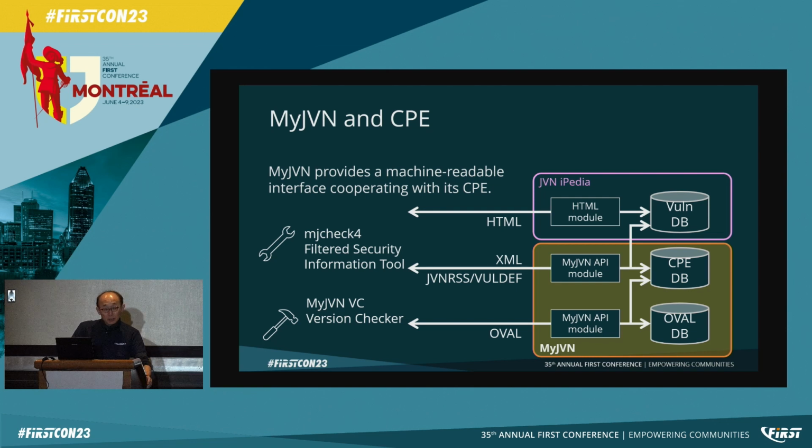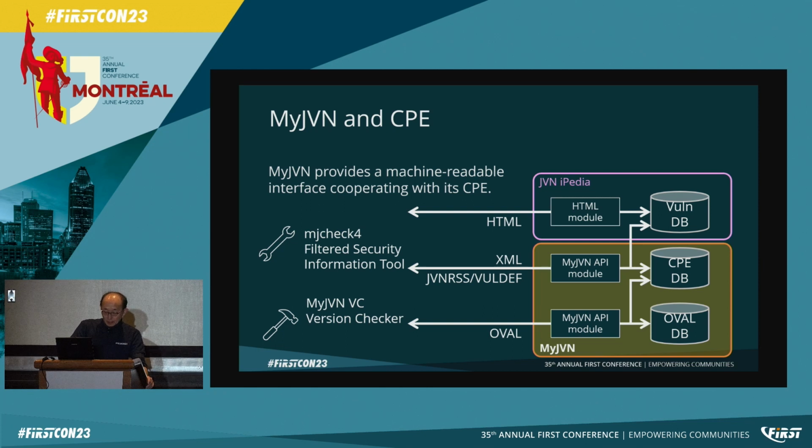The integration with the CPE database allows precise identification and classification of software products, enhancing the accuracy and reference of the security information. Additionally, the MyJVN version checker ensures the user stays informed about the latest version and the patches available for their software.